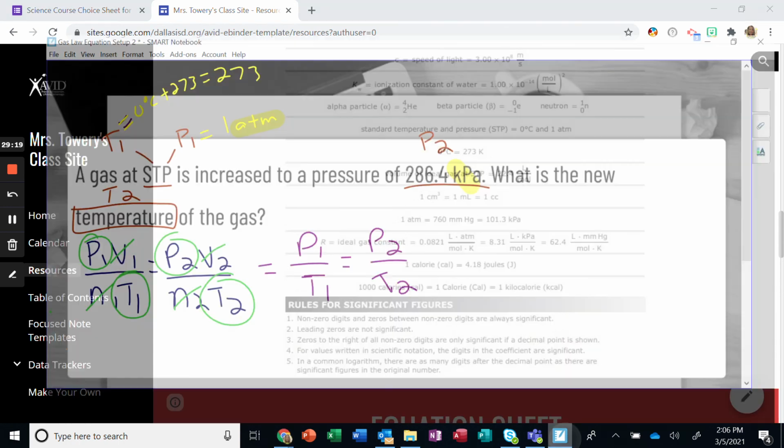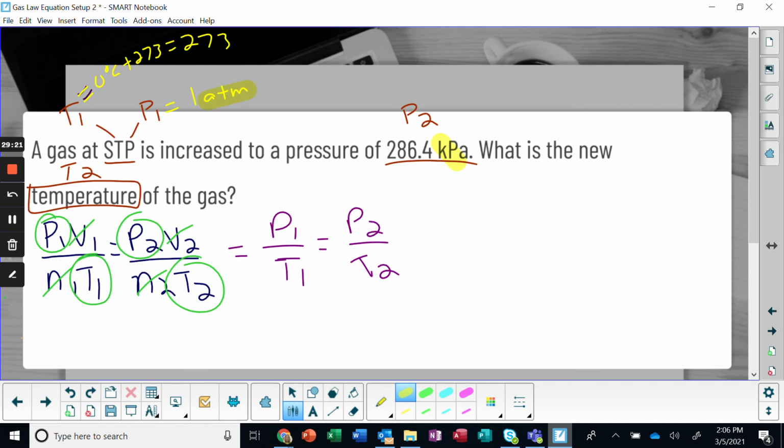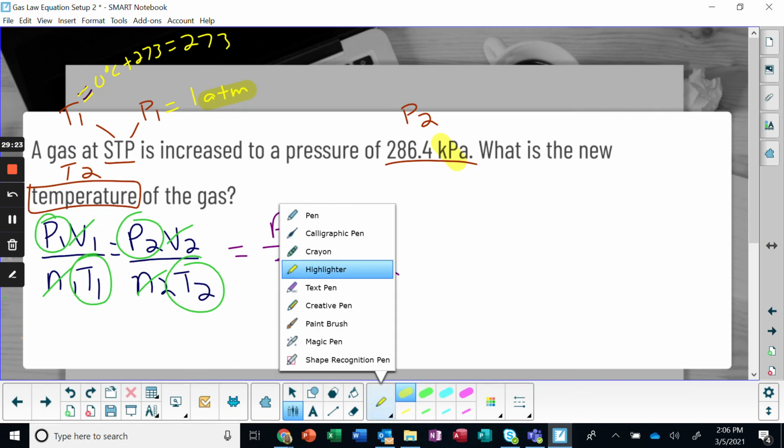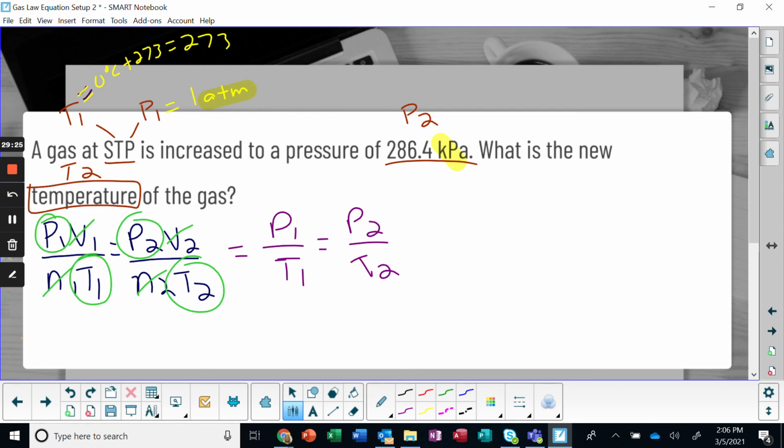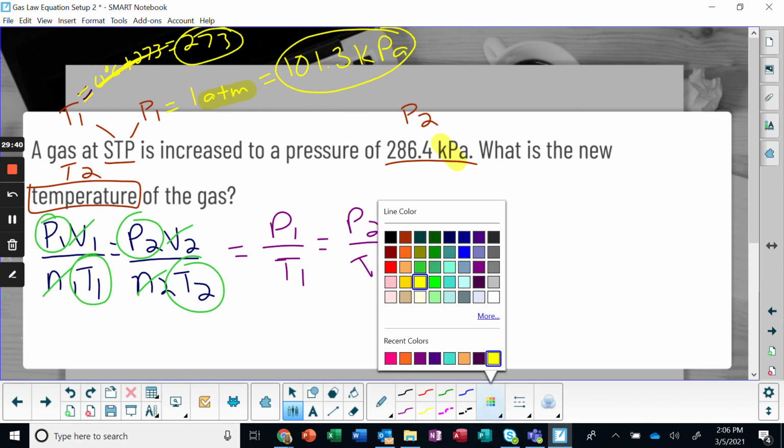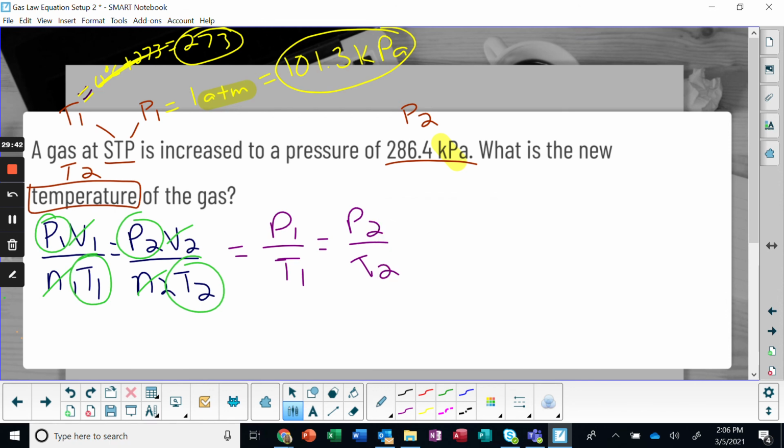So I'm going to go back over here and say that this is equal to 101.3 kPa. Okay? So make sure we're using all the correct numbers. We're using this and this. Plug our numbers in and solve.